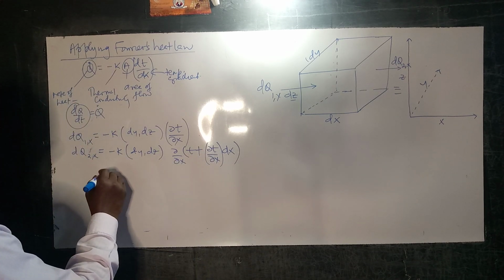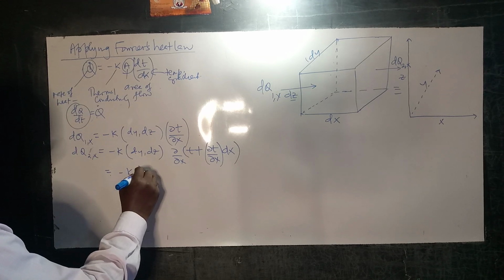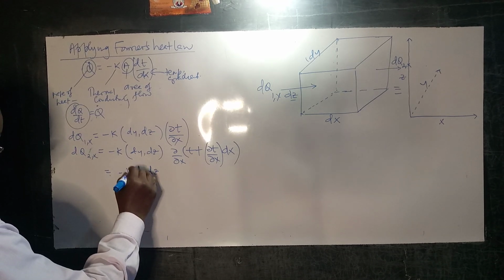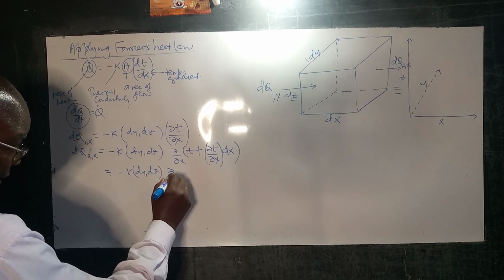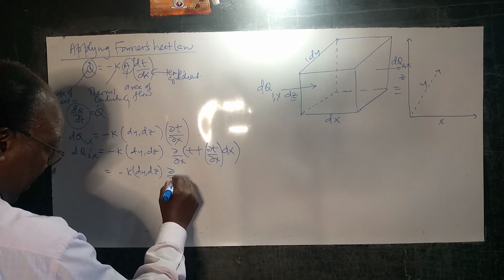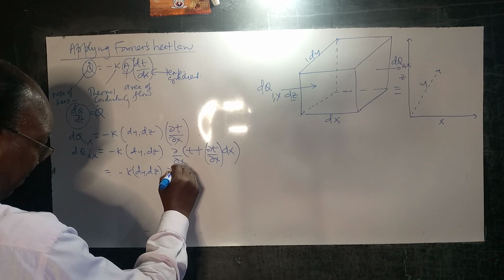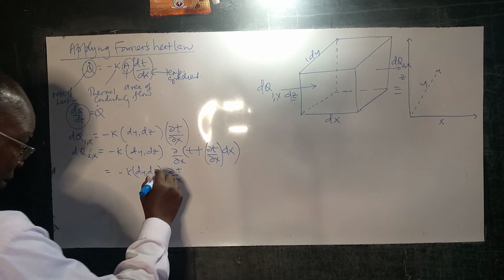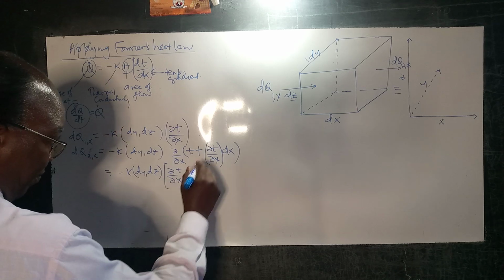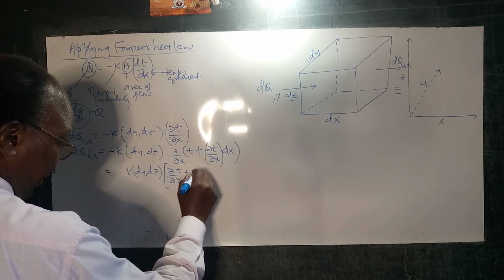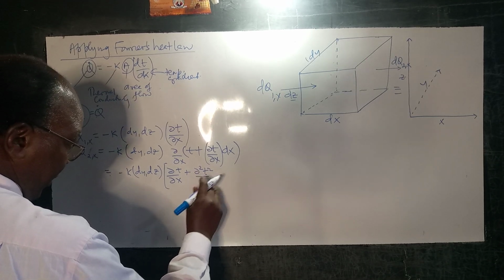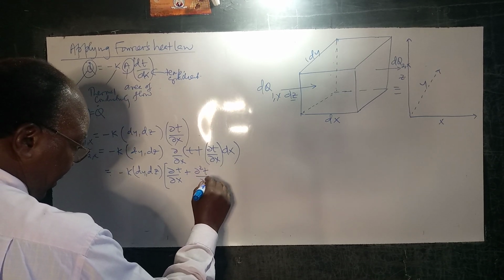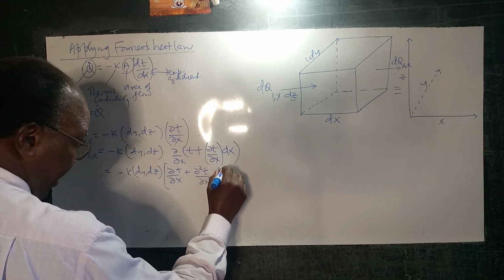So that this basically is minus k dy dz del by del x of T plus del squared T over del x squared dx.